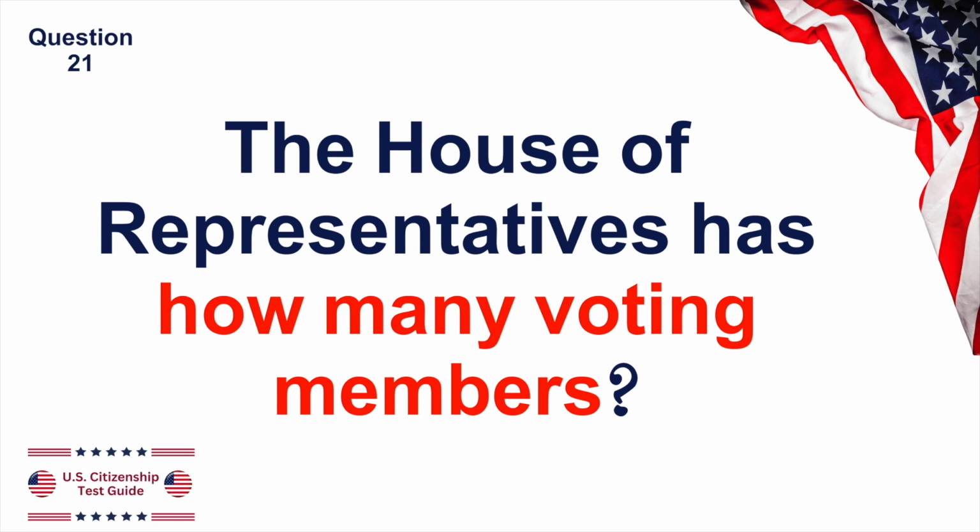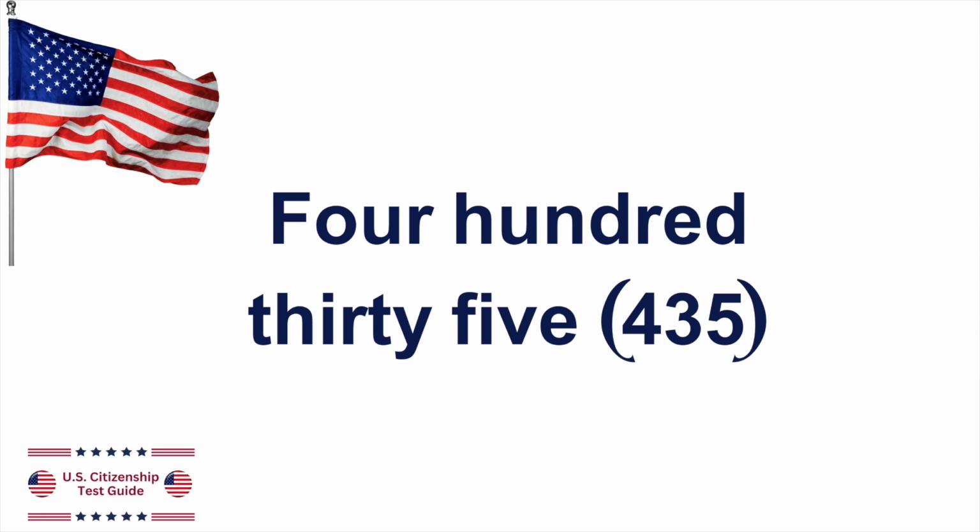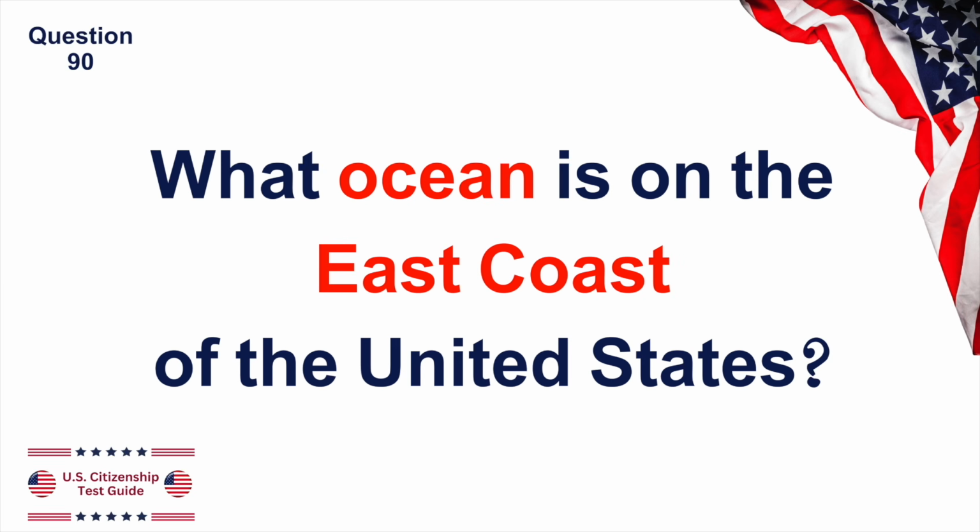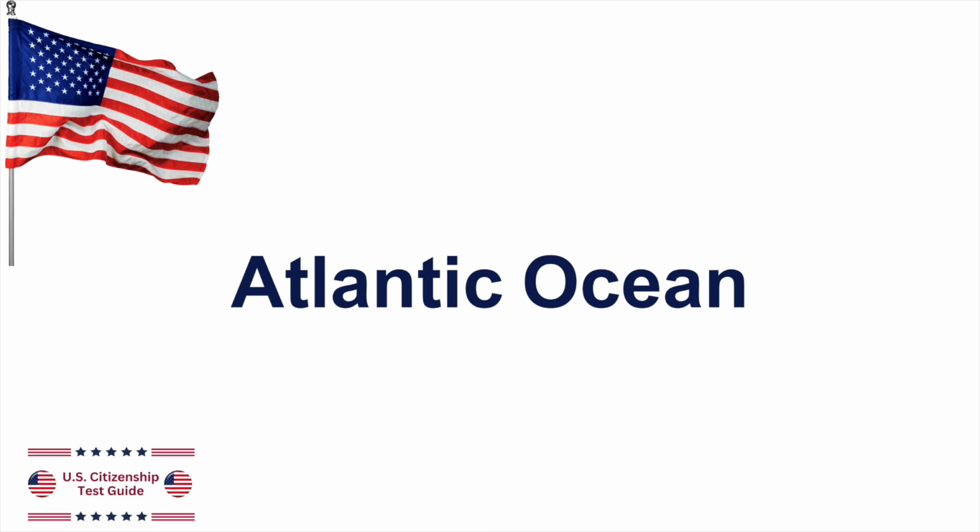The House of Representatives has how many voting members? 435. What ocean is on the east coast of the United States? Atlantic Ocean.